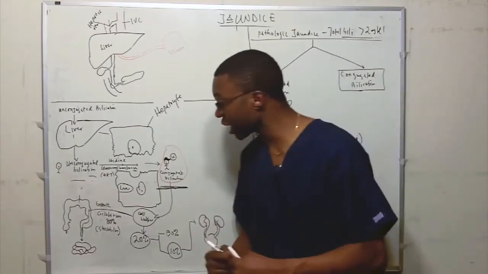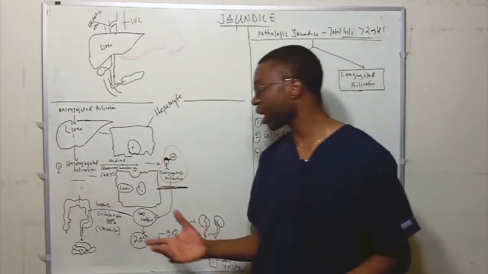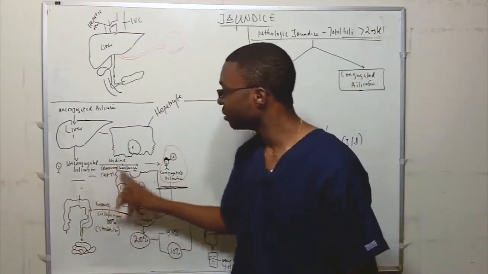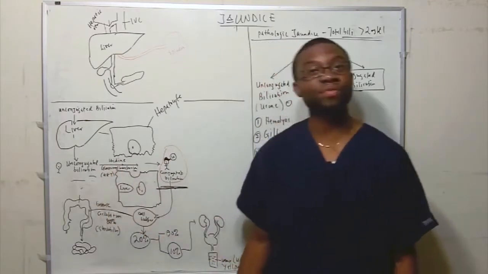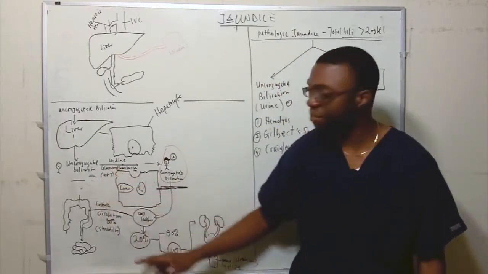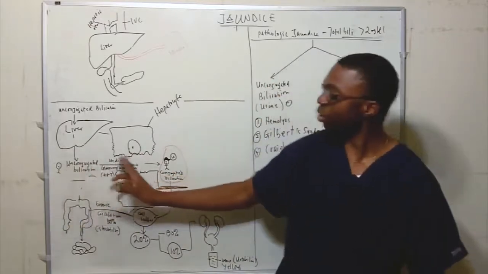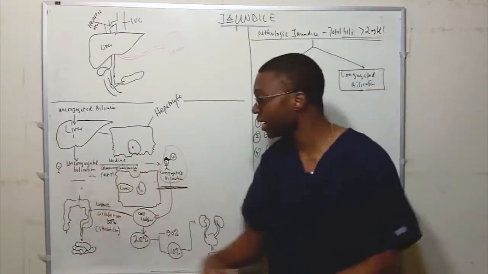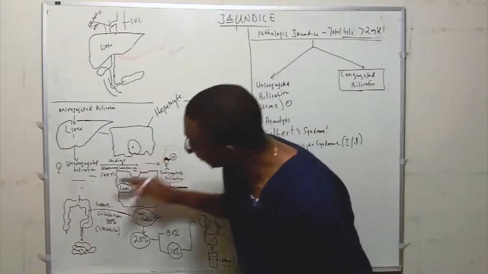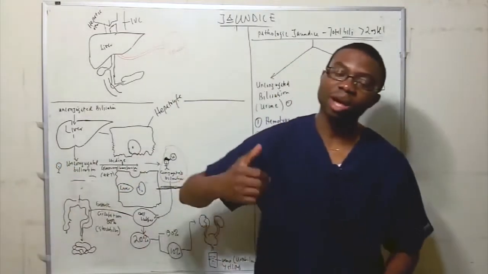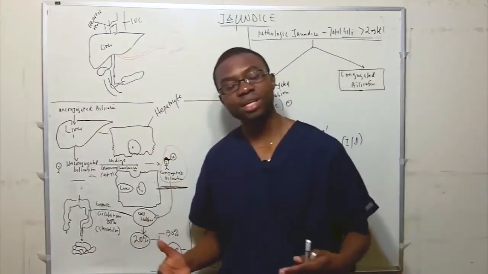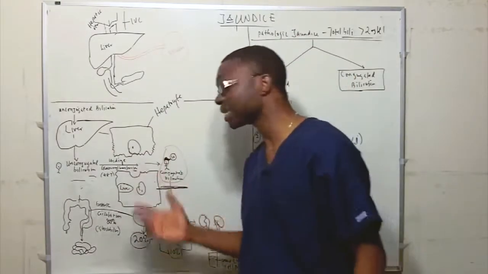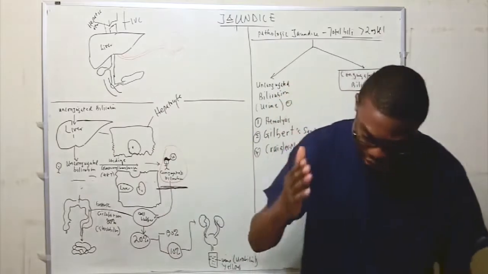Bottom line with Crigler-Najjar is that these patients don't have uridine glucuronidase transferase. If you don't have this enzyme, what happens? The bilirubin can't go through. It gets blocked, and everything backs up. They get a lot of unconjugated bilirubin. This is a genetic defect. They're just missing the enzyme. So you've got to know that.